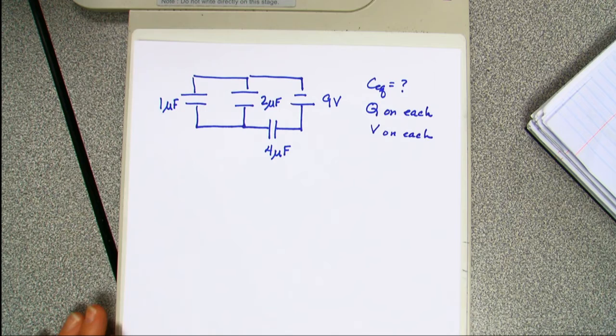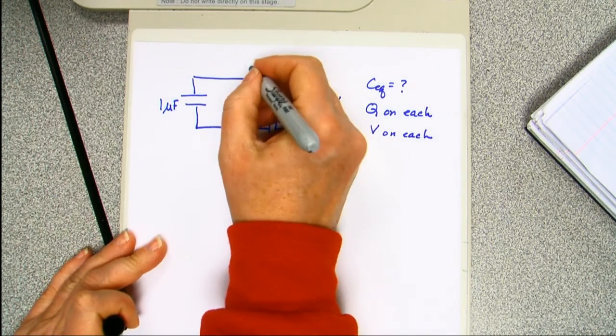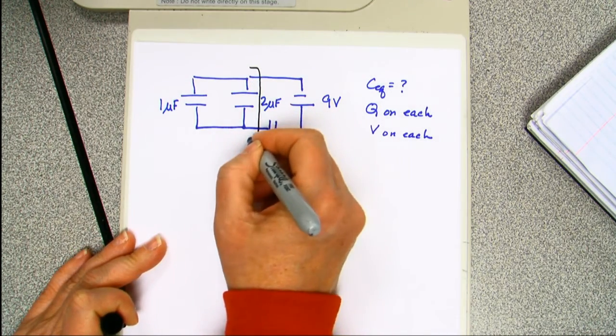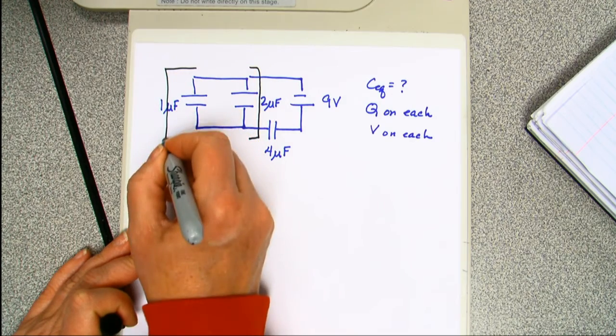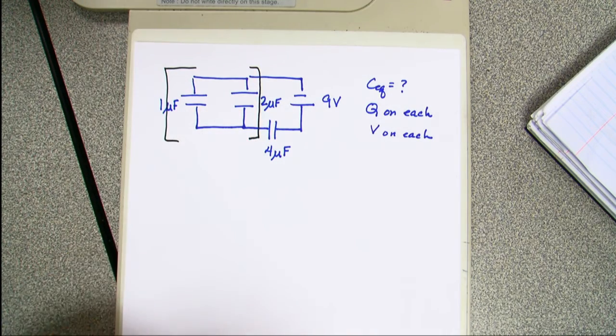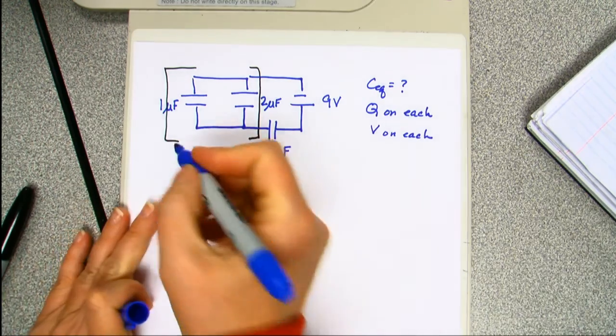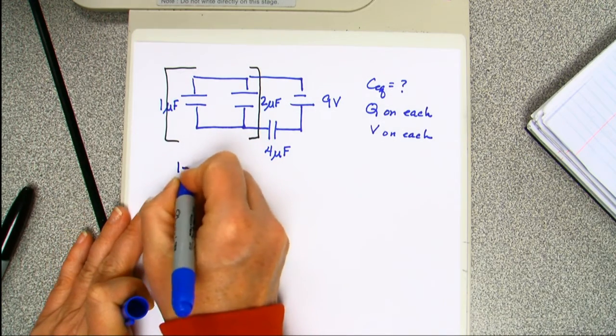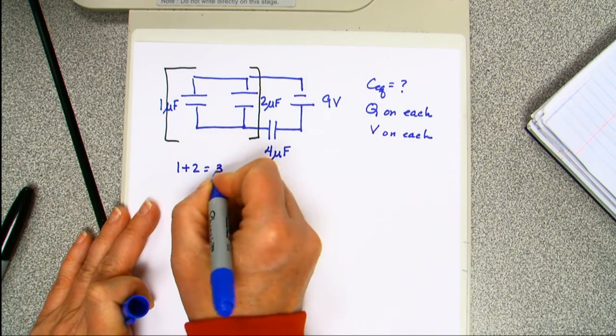Okay, so this is where things get a little tricky. You have to really look at your system. So let's look at the system here. Those are in parallel. So if those are in parallel, 1 plus 2 is equal to 3.